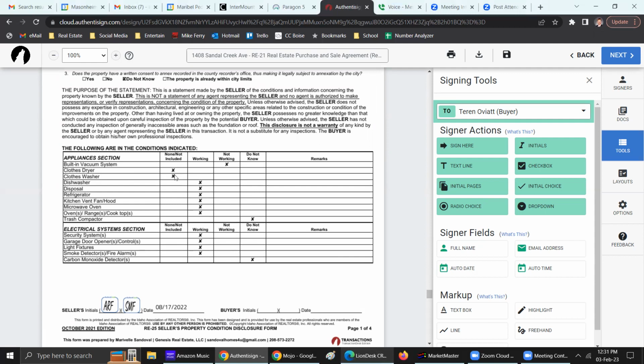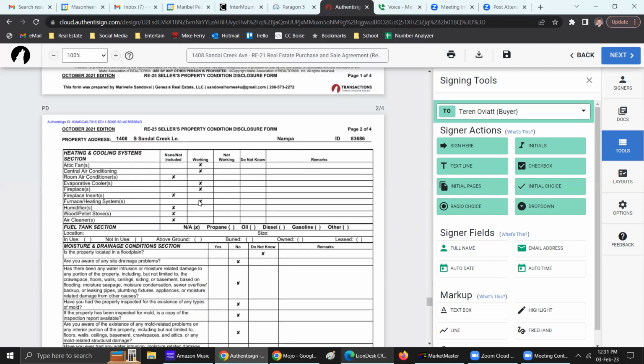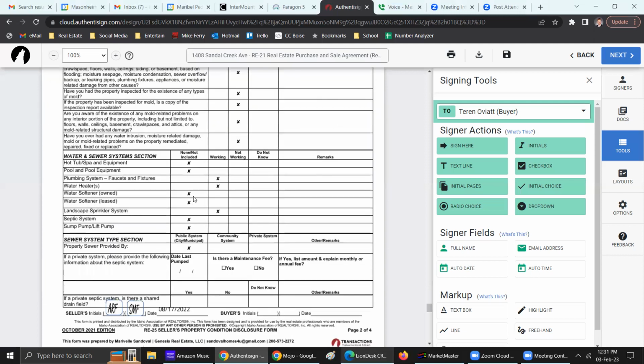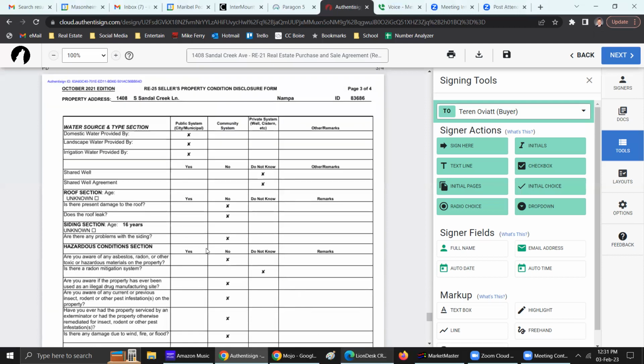Same thing with the washer and dryer, those are not included, but everything else, microwave, ovens, those are all working. So just look through these check boxes and let me know if you have any questions on any of these. It also gives a history of the home, whether any home insurance claims were filed on it, or the age of the roof or the siding.